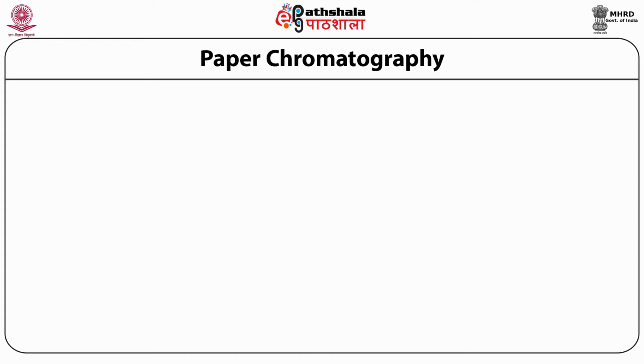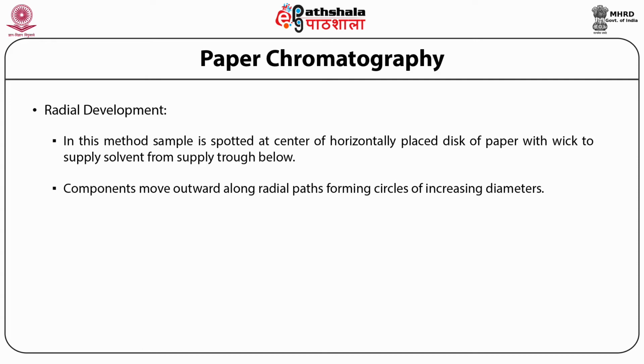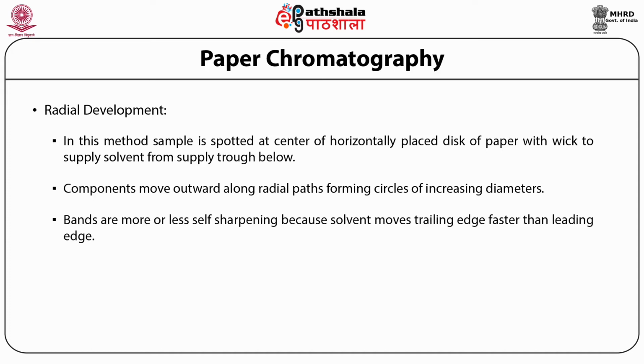Another type of possible development is radial development. In this method, the sample is spotted at the center of a horizontally placed disc of paper with a wick to supply solvent to the center from a supply below. The components move outward along radial paths, forming circles of increasing diameter. The bands are more or less self-sharpening because the solvent moves the trailing edge faster than the leading edge.